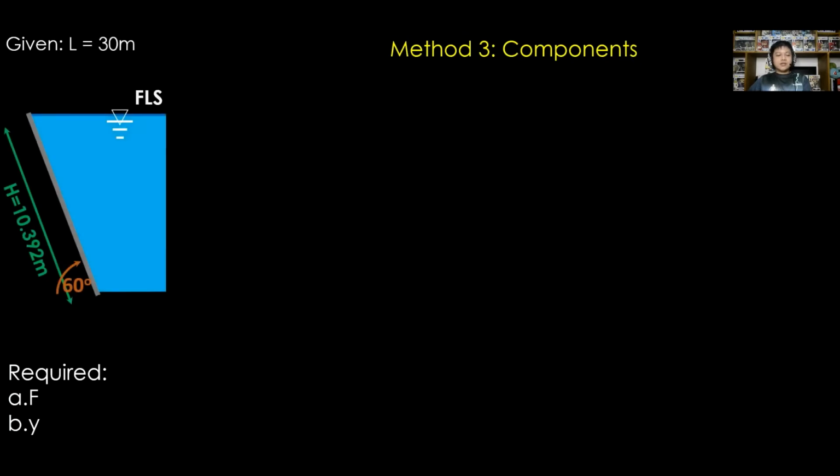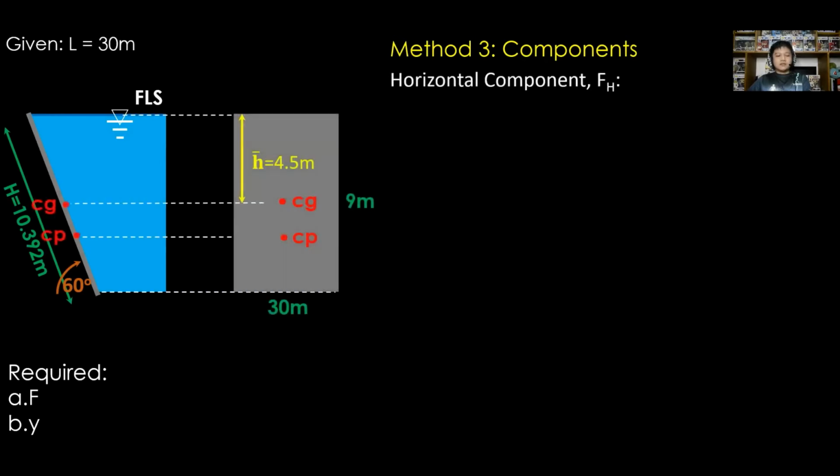So last is method number 3, which is the components method. So determine first the horizontal component. For homogeneous fluid, use F sub H equal to gamma times H bar times A of the projected surface. Substitute the values.